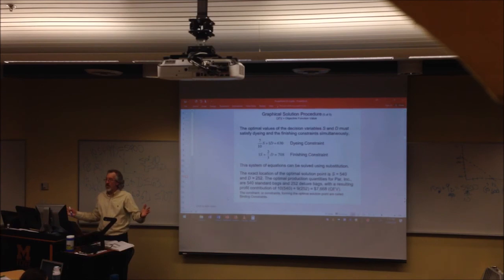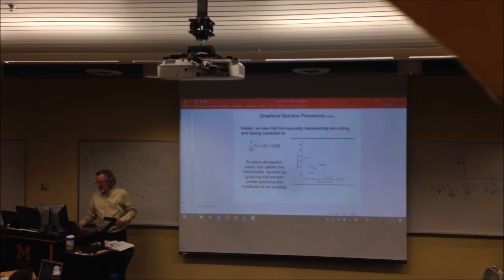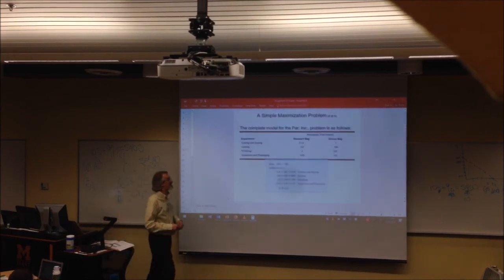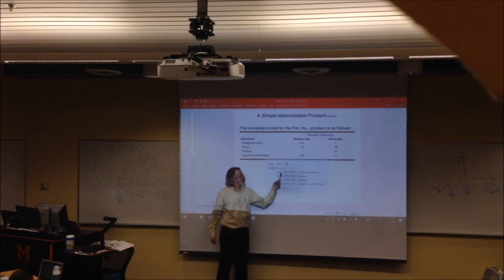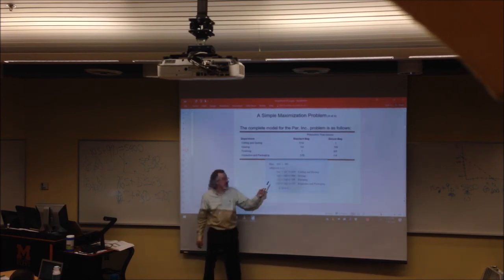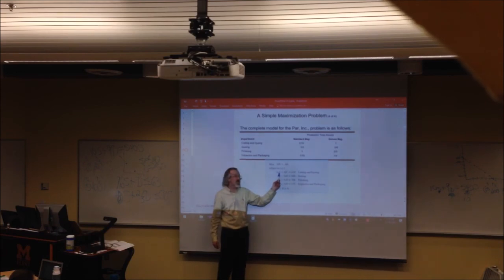Same thing. You take the 540 and 252, right here, and you plug it in for S and D into each one of the constraints. The 540 times 7/10, the 252 times D, you add them together, and it's going to equal 630.